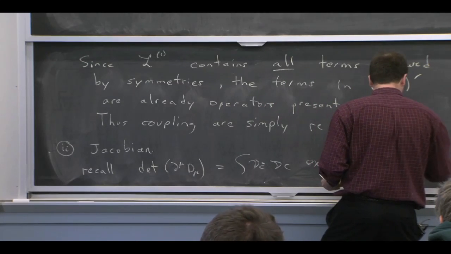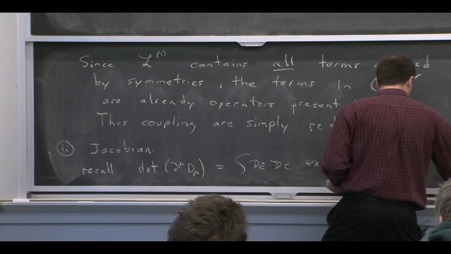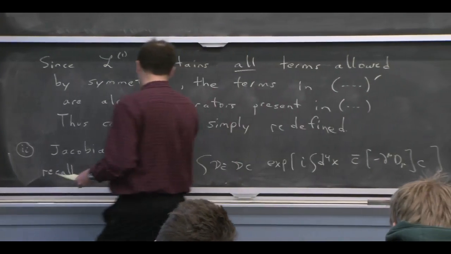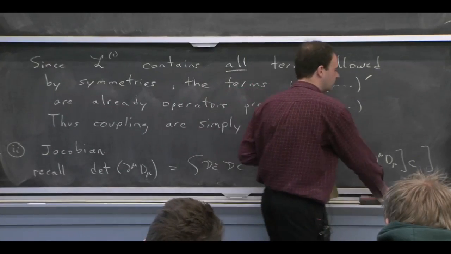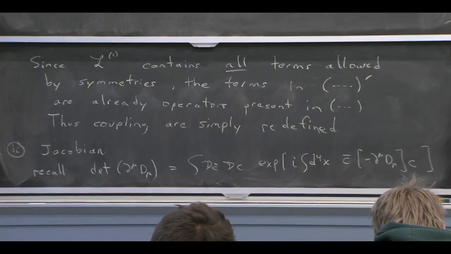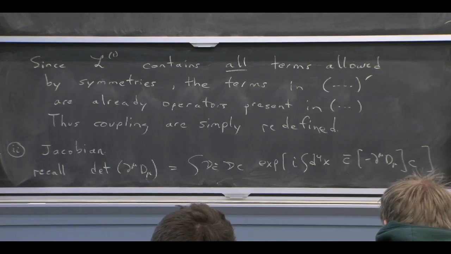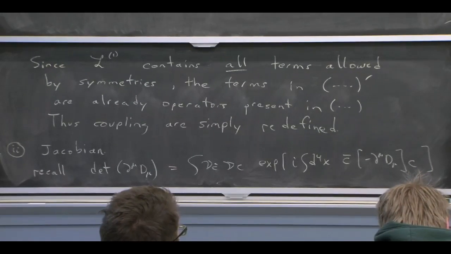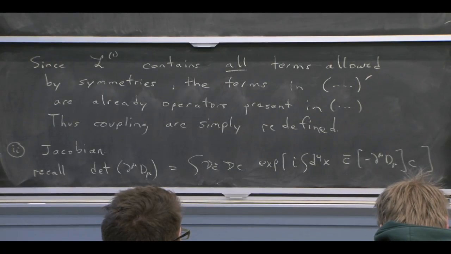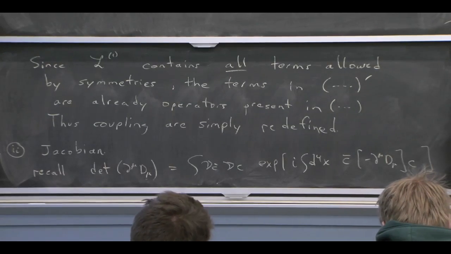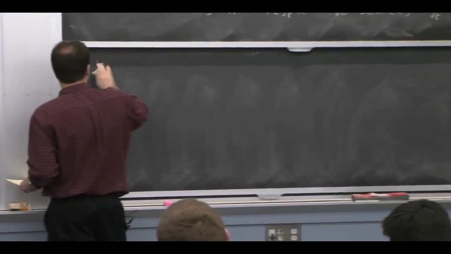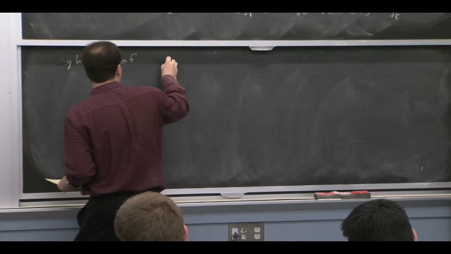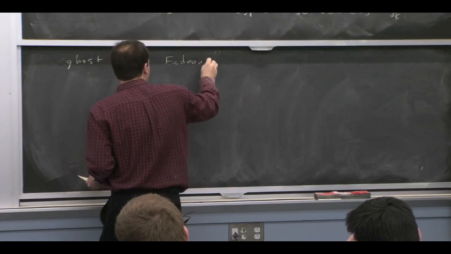And the way that it worked is that up to a sign, whatever was sitting here ended up just sitting between the ghost fields. So this is the ghost of the Faddeev-Popov procedure.